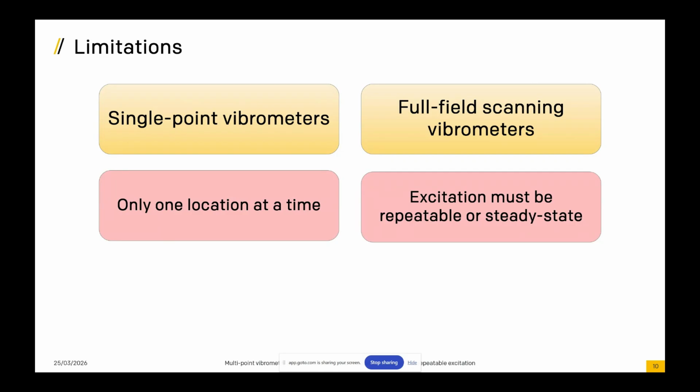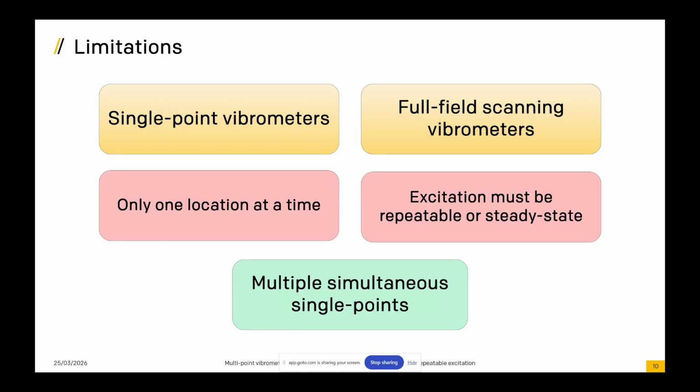So what happens if none of those conditions are true? Maybe something where we want to monitor multiple points at a time on a non-repeatable event, then we would want to use a system where we have multiple single point systems together to merge the two options of single point and scanning, and get the best of both worlds.